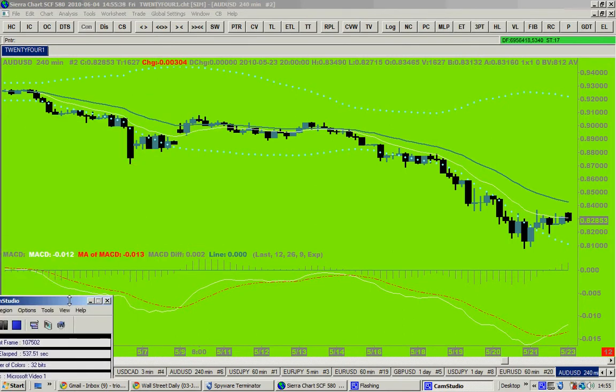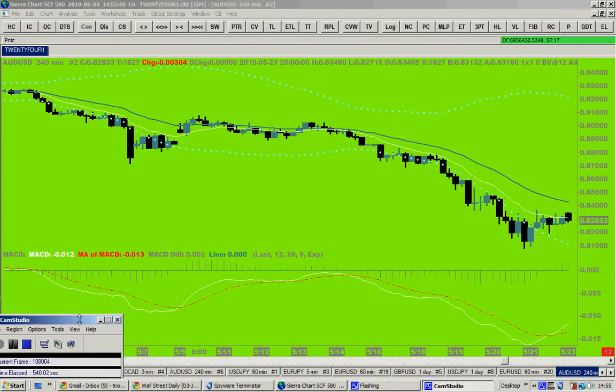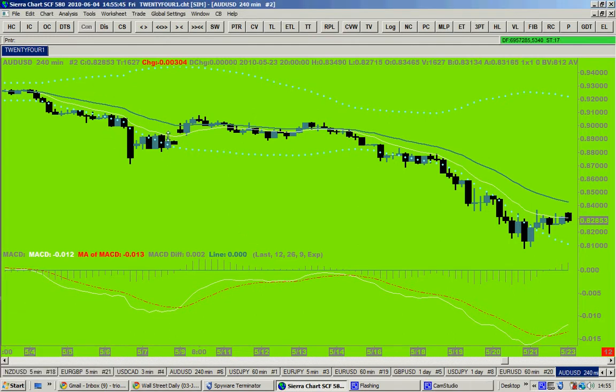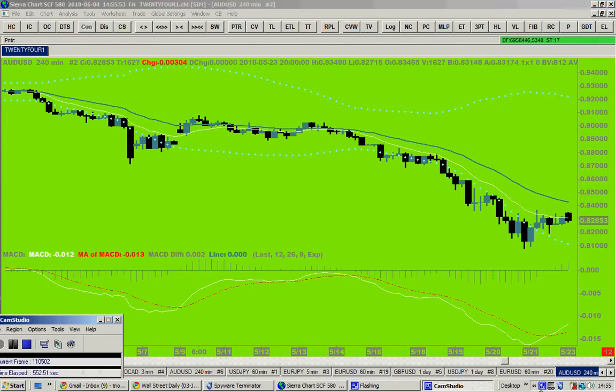The white line on this chart, which we call the MACD itself, is in fact the moving average 12. There's no big difference as such, okay? And also the red line that you see here is the moving average 9 of the MACD itself, okay? So this is it, okay?